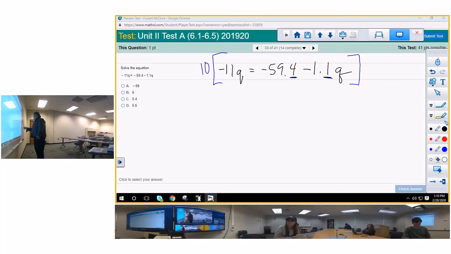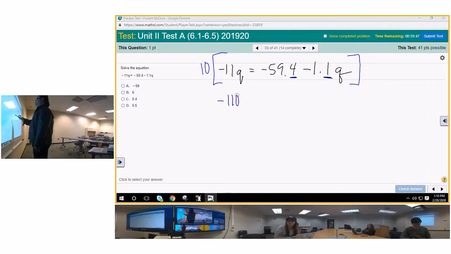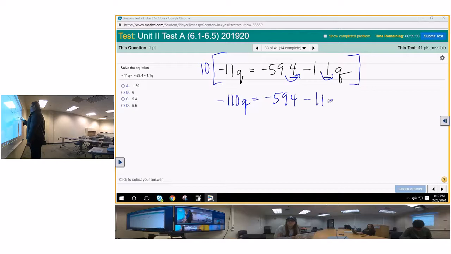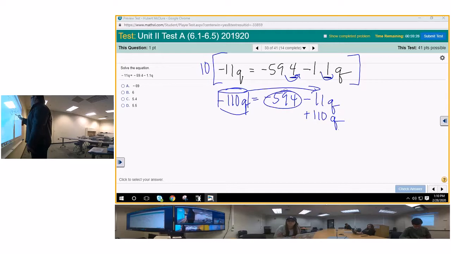Okay, so that's going to move. Negative 110Q is equal to negative 594 minus 11Q. I'm taking that 110Q across the river. I'm taking that 594 across the river.